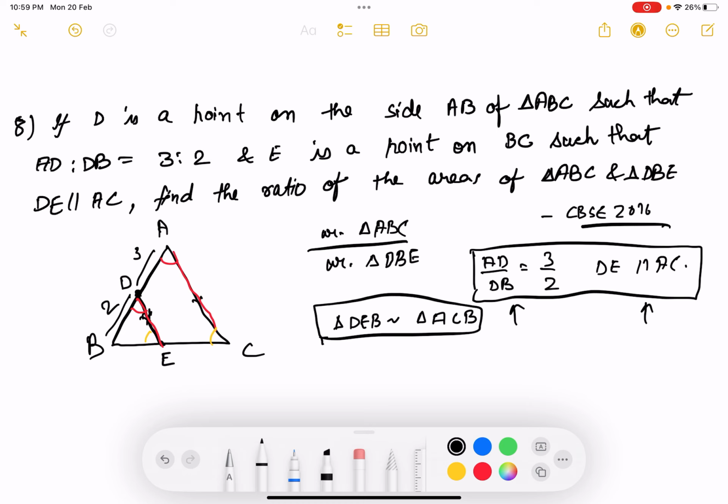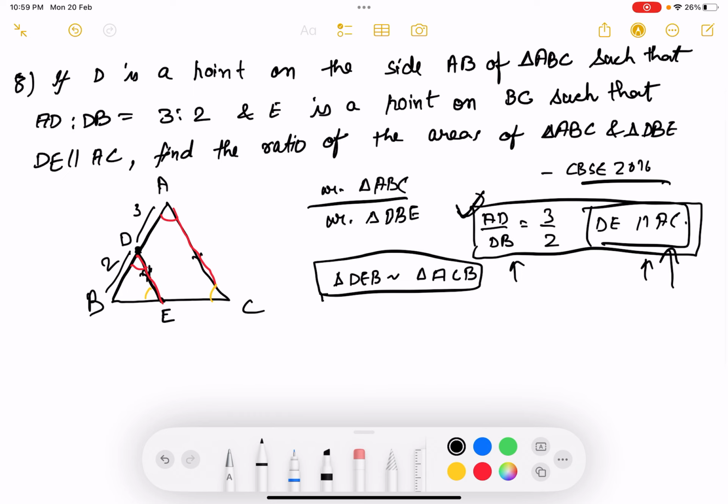These two triangles are similar. So we have used the parallel line fact. Now this we haven't used.